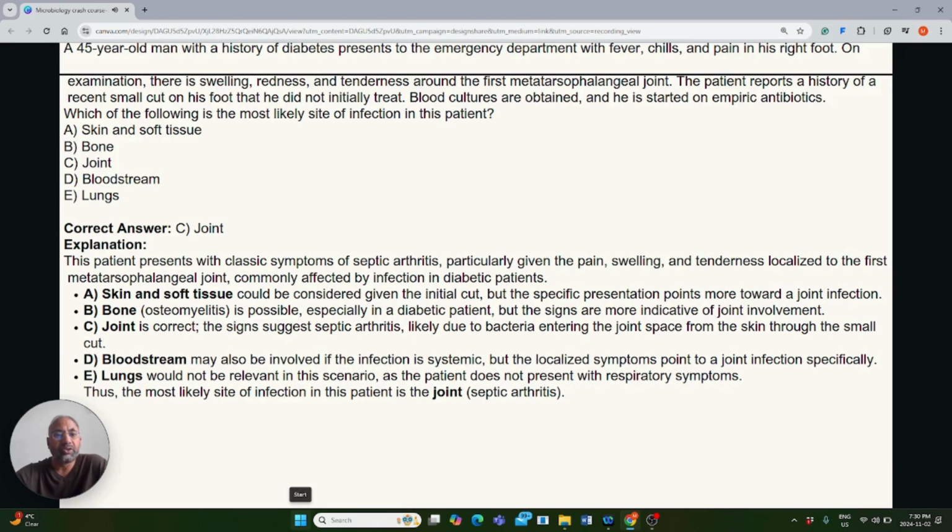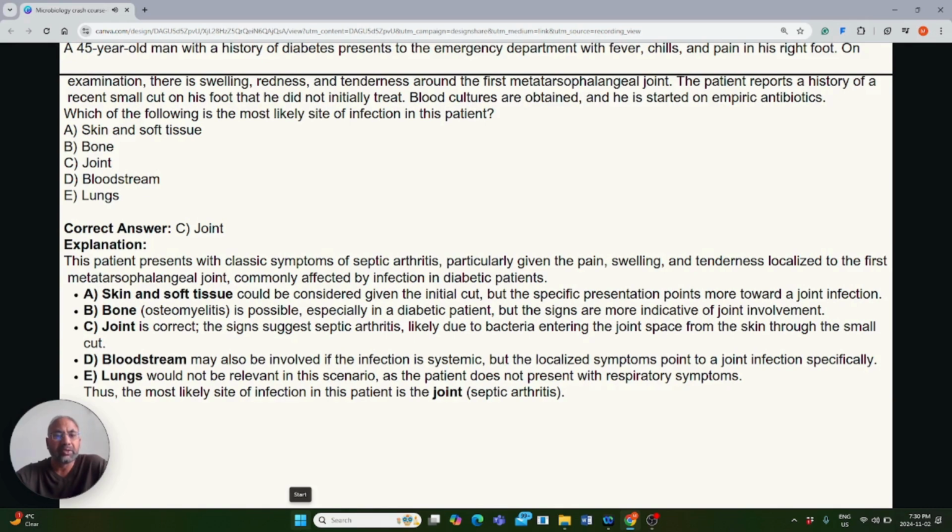Okay, so which is the most likely site of infection? The answer should be the joint, because here it's clearly mentioning the first metatarsophalangeal joint. Okay, so the other choices are wrong, because the answer clearly is the joint infection.